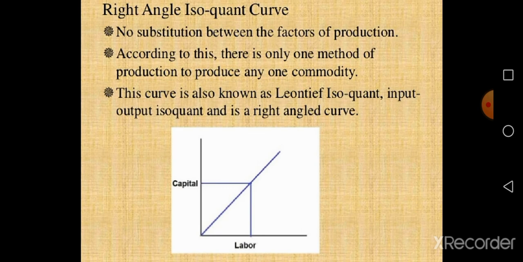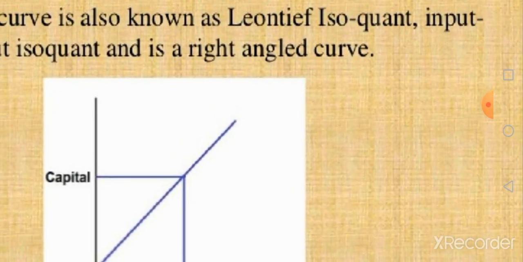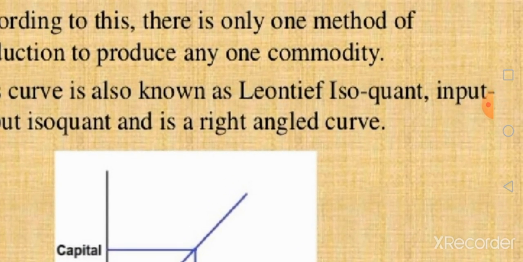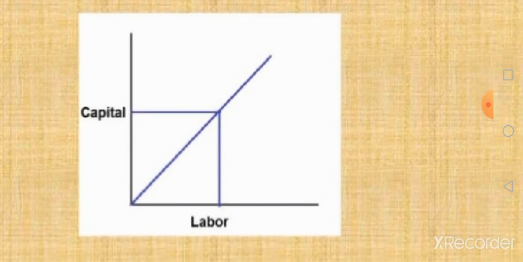If you observe the graph of a right angle isoquant curve, the capital and labor are in the same proportion for producing an output. So only one method is used in this type of production. That is the right angle isoquant curve.